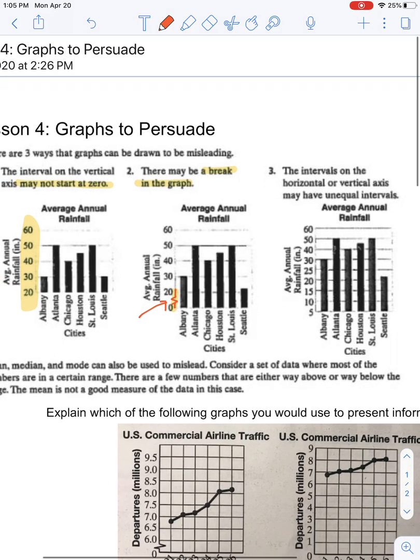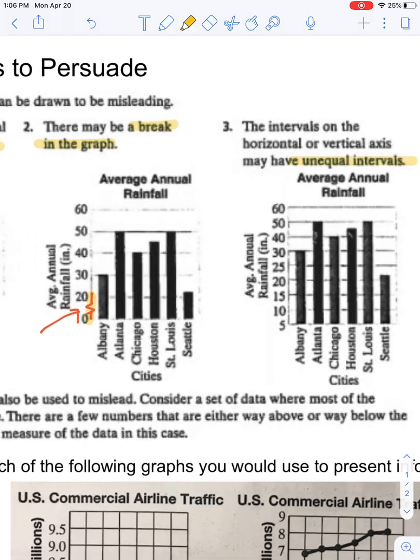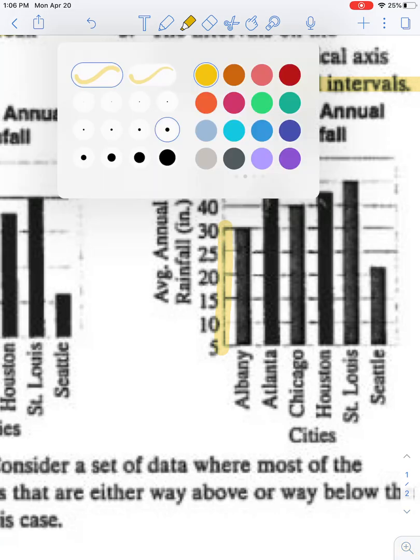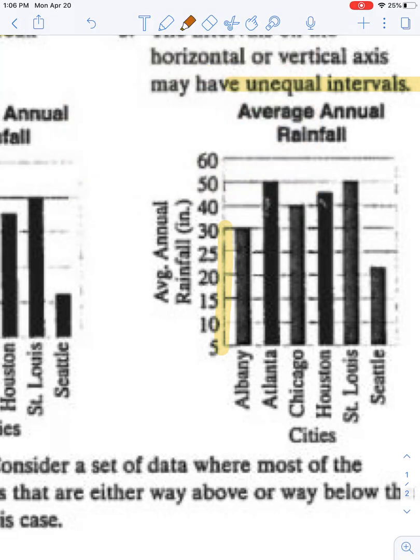And then graph number 3, the intervals on the horizontal and vertical axis may have unequal intervals. So your third reason for having a misleading graph is unequal intervals. You can kind of see that on the y-axis here, it counts from 5, 10, 15, 20, 25, 30, and then it switches over and it starts counting by tens, 30, 40, 50, 60 on the top.